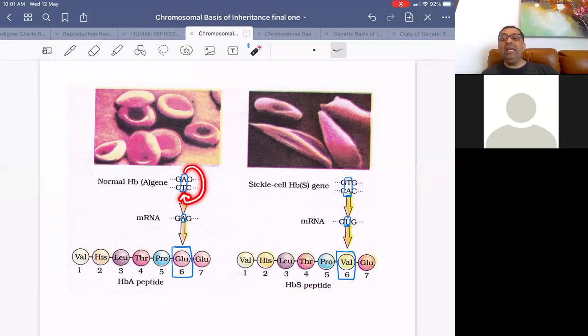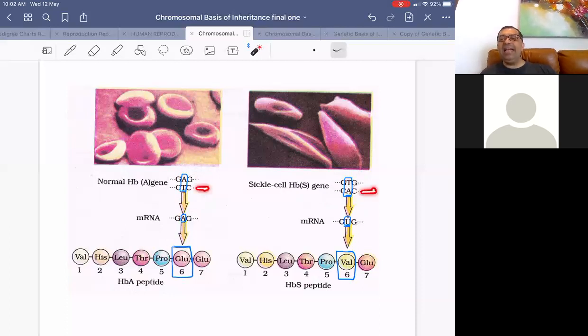AT is inverted and becomes TA. And this is called a point mutation. And now the codogene is CAC. So instead of CTC, it has become CAC.